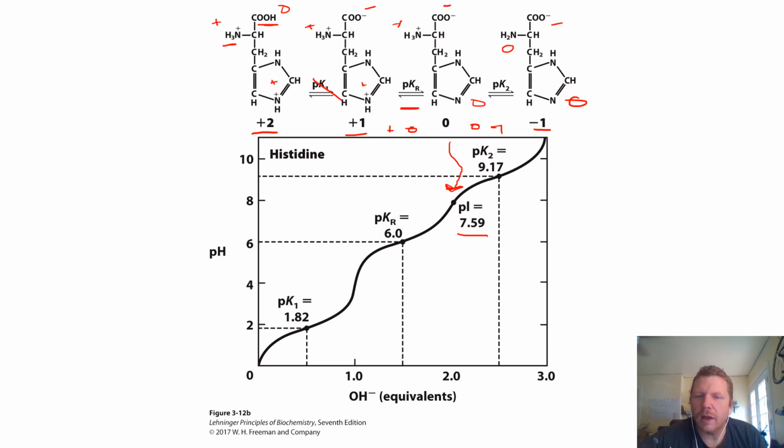So if you've got a lot of histidine and you adjust the pH to 7.59, chances are strong that it's going to precipitate out, because that's the point at which that molecule is least soluble.